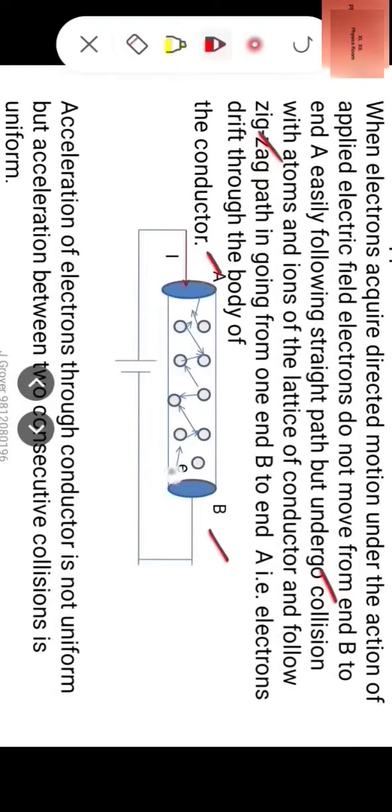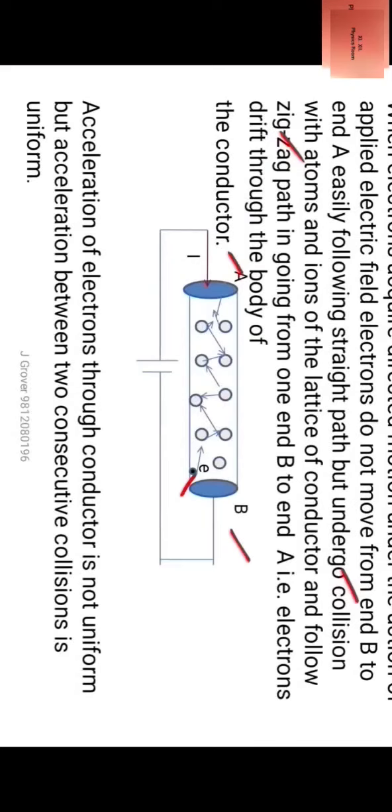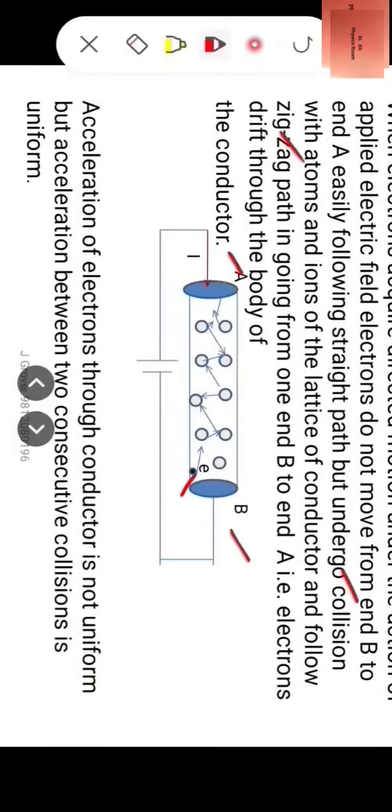Now look at the diagram. Here is an electron. It doesn't go straight from end B to end A, but follows a zigzag path. It means it is drifting from end B to end A. Now, acceleration of electrons through the conductor is not uniform, but acceleration between two consecutive collisions is uniform.